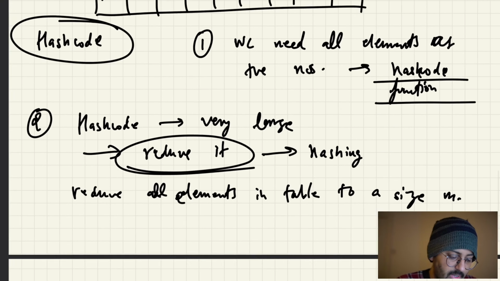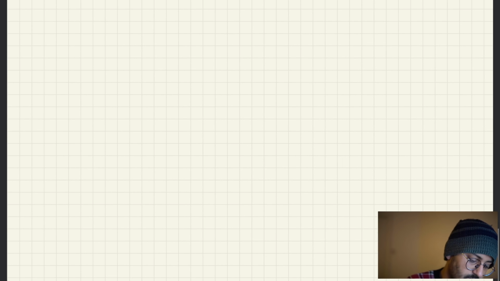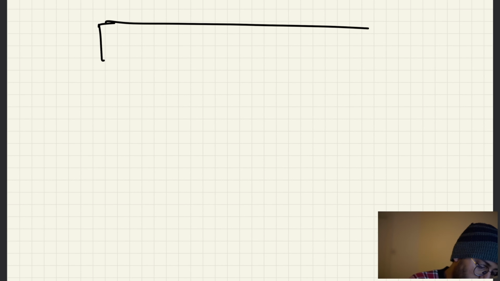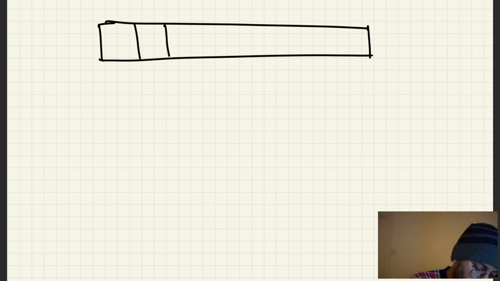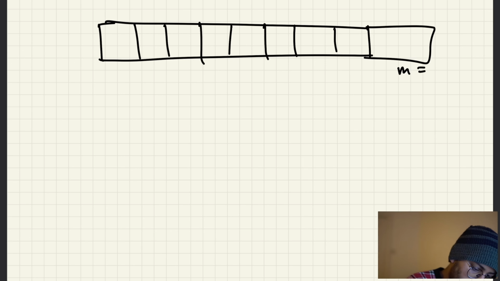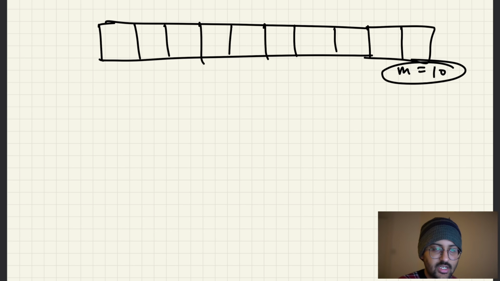What I mean by this, let me give you an example. Let's say initially it's empty. Let's say the size of the array is 1, 2, 3, 4, 5, 6, 7, 8, 9, 10. Initially, the size of the hash table is 10. Internally, it's an array.